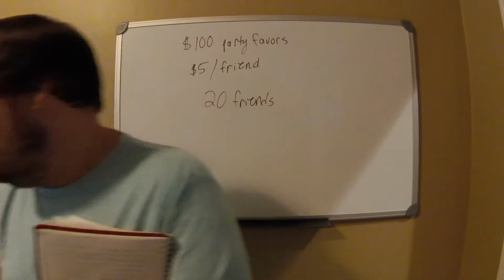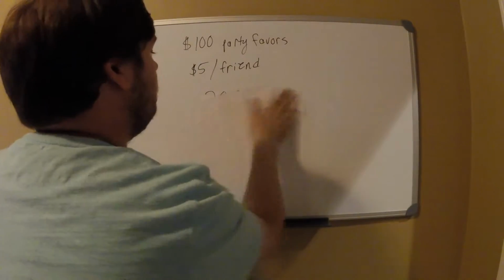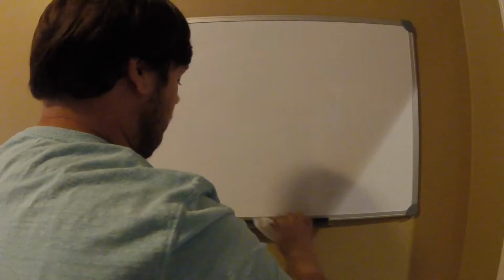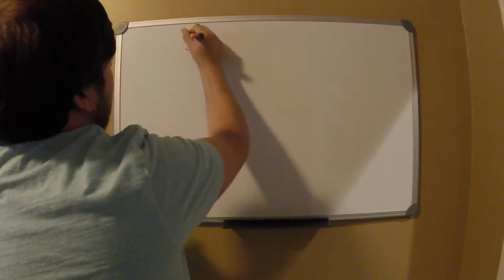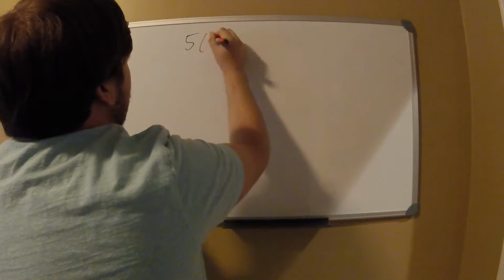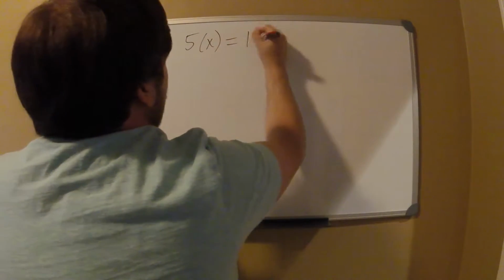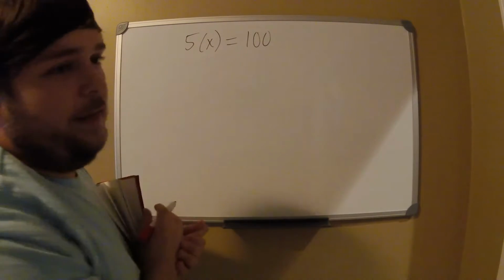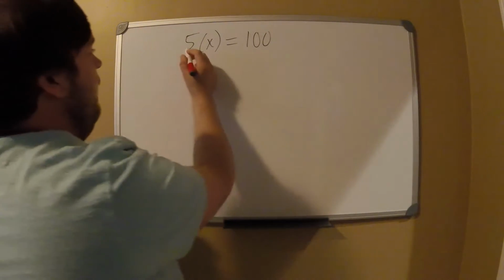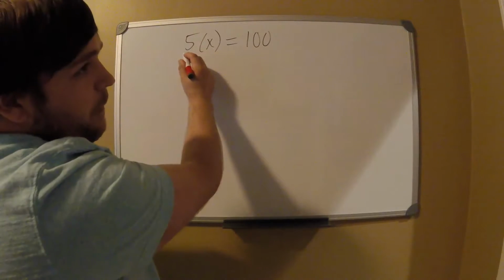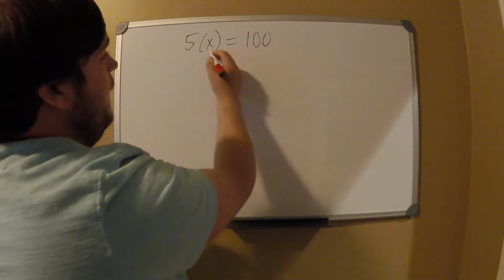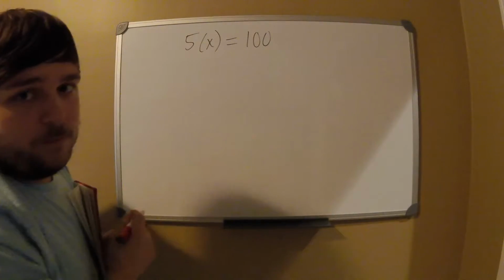Well, let me throw this at you. What if you wrote it like this? 5x equals 100. What if I told you that says the same thing? 5 is the $5 that you want to spend per friend, and the $100 is the total that you want to spend, and x is the number of friends.